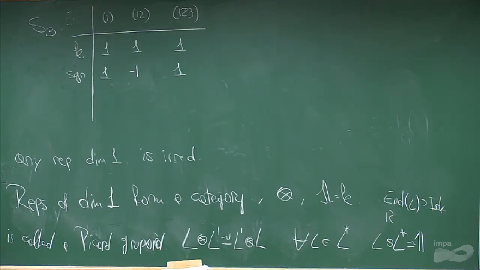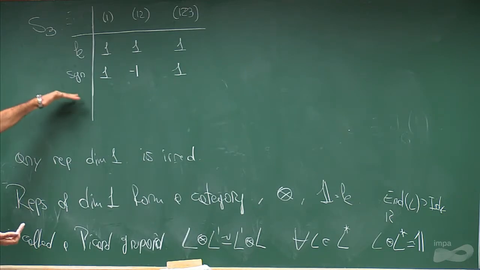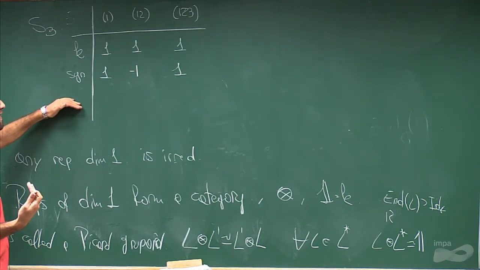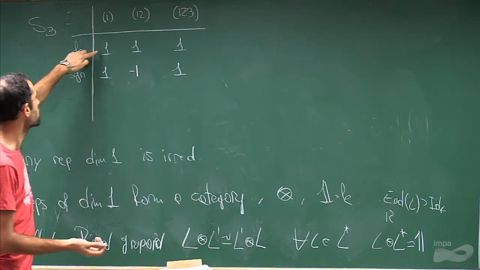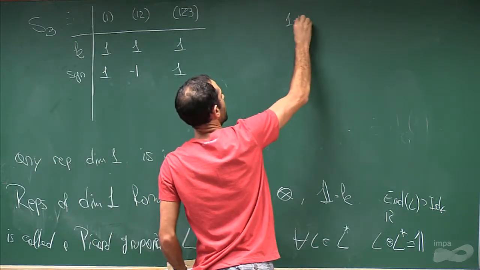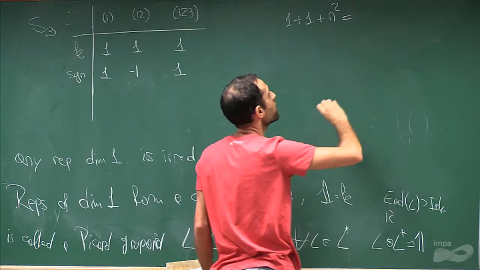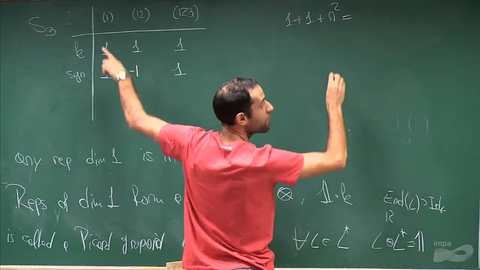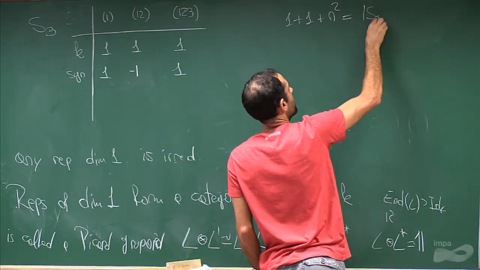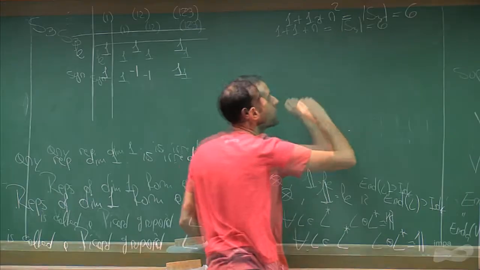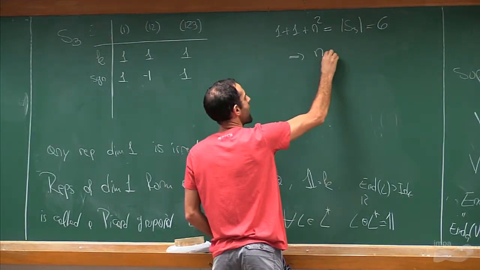So I'm missing only one representation, because I know there have to be 3. And I already know what the dimension of this thing is, because 1 plus 1 plus whatever dimension n of the new representation I'm looking for should be the number of elements in S3, which is 6. So therefore, I know that n has to be 2.